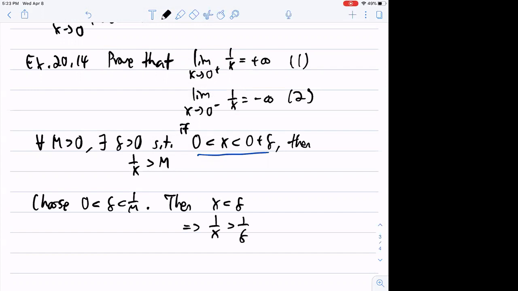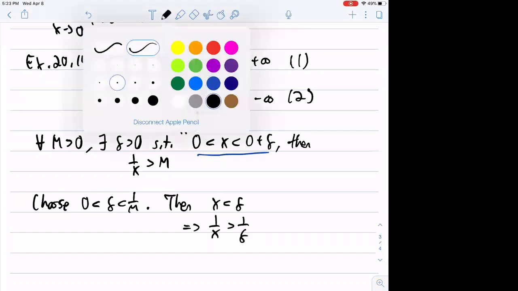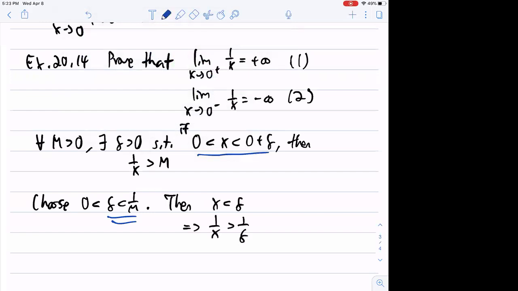Now, from here, delta less than 1 over m, if I flip it, 1 over delta is bigger than m, right? So from here, I get this. Sorry, this should be m. 1 over delta is bigger than m.